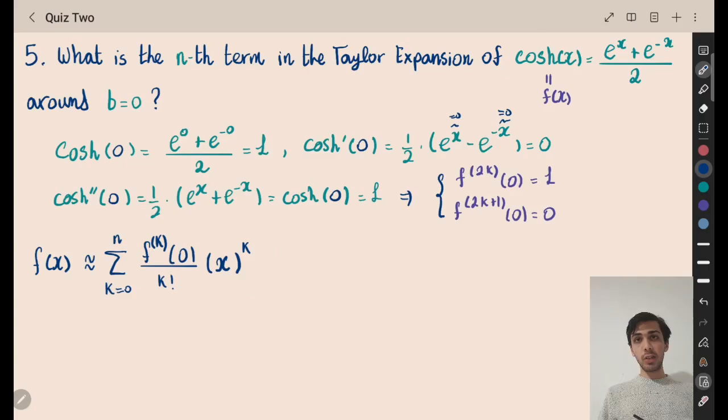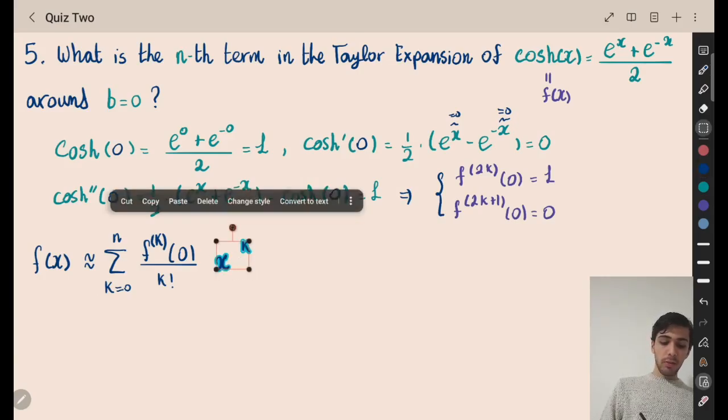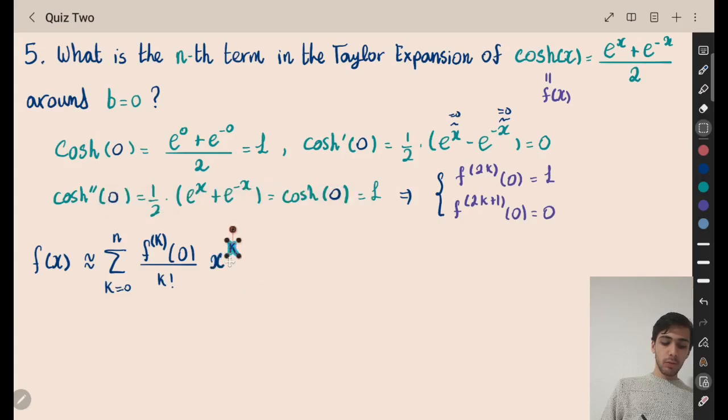This is an approximation. We know about this. I mean, there's a remainder term, but we don't write it. So I just suffice myself with this approximation symbol. So x to the k is here, fk of 0, and then k factorial.